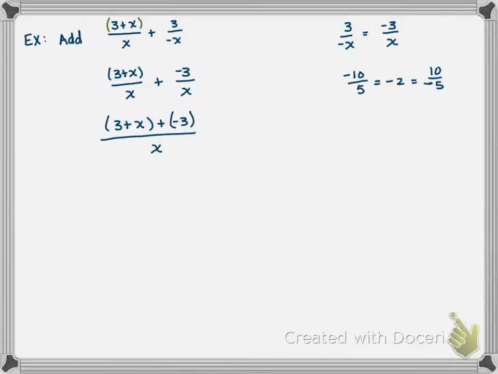And I have nothing to distribute in front of that 3 plus x, so I can just drop those parentheses. You can think of it as a positive one if it helps to think of distributing something. So this is 3 plus x plus -3 over x, which is x over x, which is 1, because 3 plus -3 is 0.